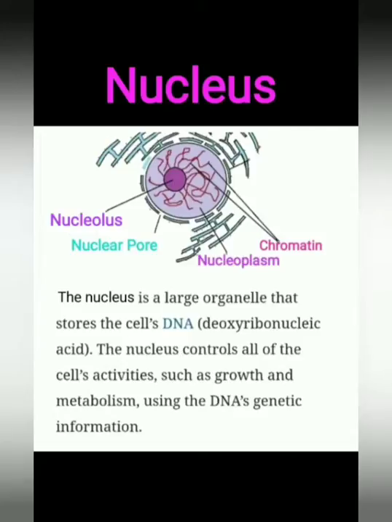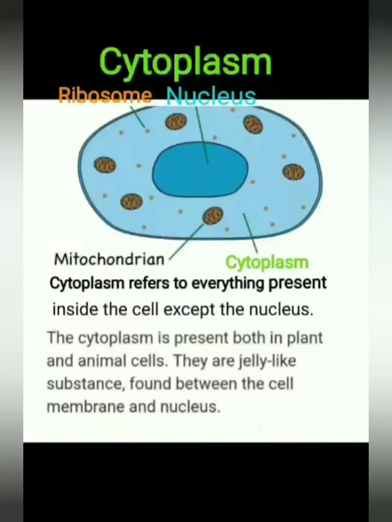The chromatin network is a thin thread-like structure which is composed of the genetic material DNA and proteins. The nucleus controls all the metabolic activities of the cell and it regulates the cell cycle. Nucleus is concerned with the transmission of hereditary traits from the parents to offspring.